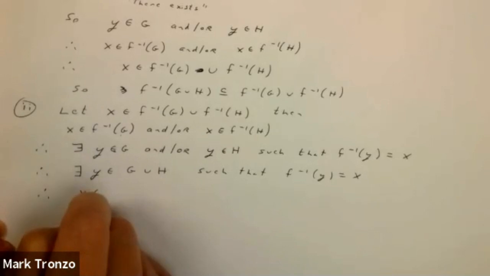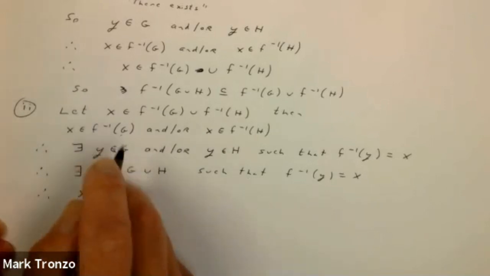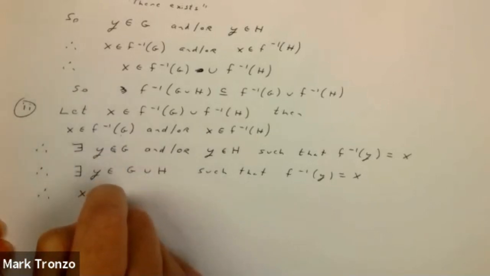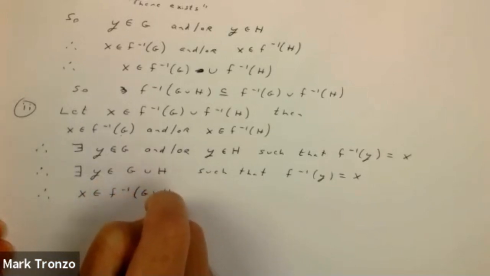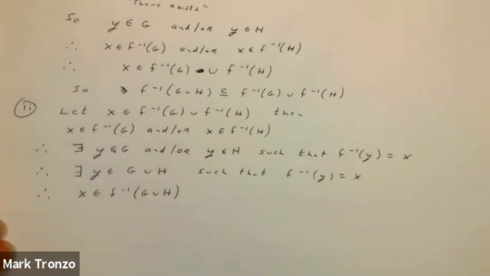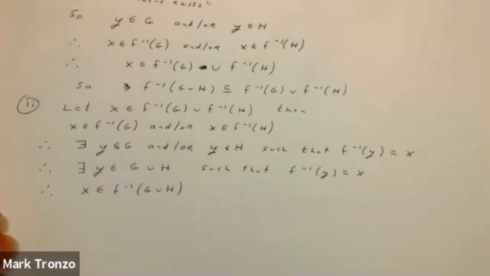And therefore X is in this inverse of G union H, like this. Because if there's a Y in this union such that the inverse produces the X, then X has to be in this inverse here.